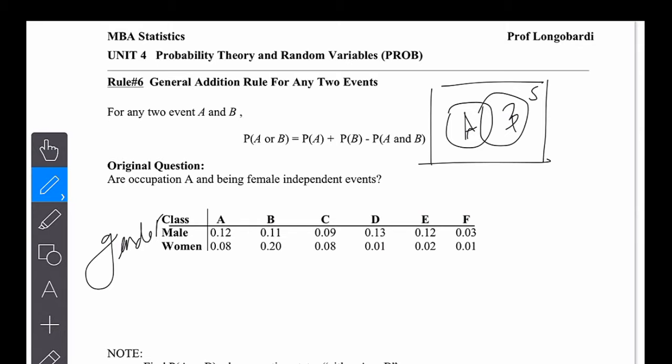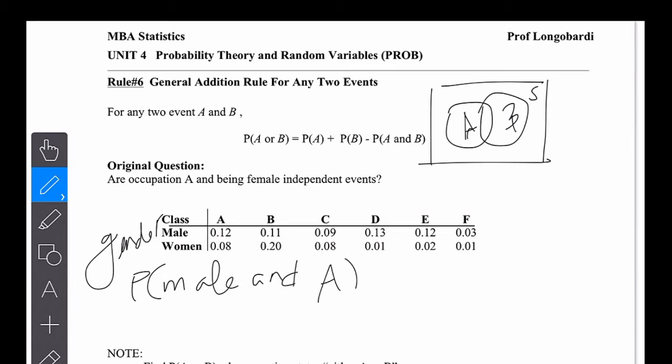The possible outcomes are to be interpreted as probabilities, so let me show you. So 0.12 is the probability of male and in occupation A. So those are occupational groups. It could be clerical, could be professional, could be medical, could be technical. However you want to imagine, there's different occupational groups.